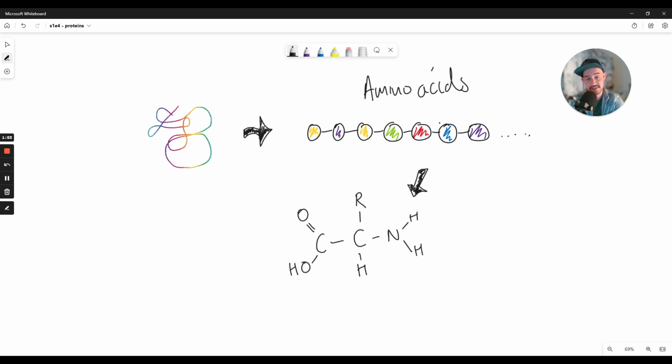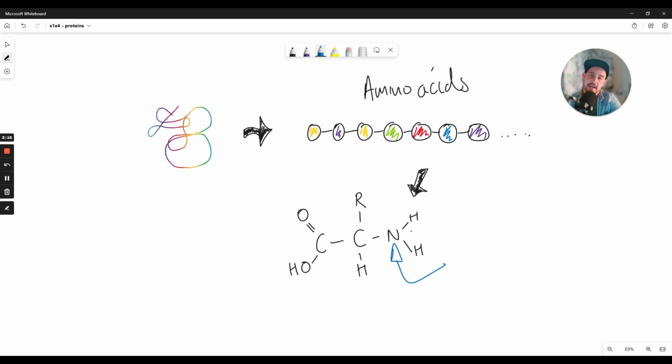Now, amino acids themselves have this chemical structure. Now, you don't need to remember this structure for your National 5, but I'm putting it here because it gives you a little bit of context as to the actual amino acid itself. We've got different elements here, which you will have recognized, and one in particular that you do need to know about, if you're National 5, is nitrogen.